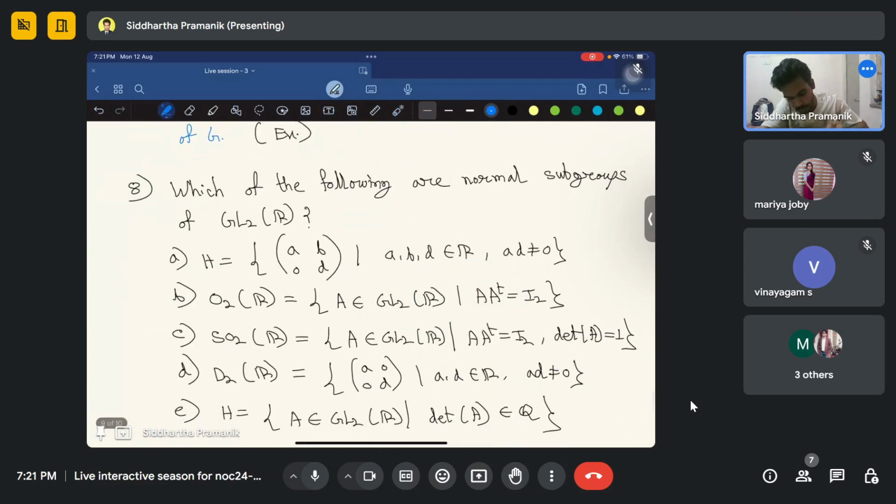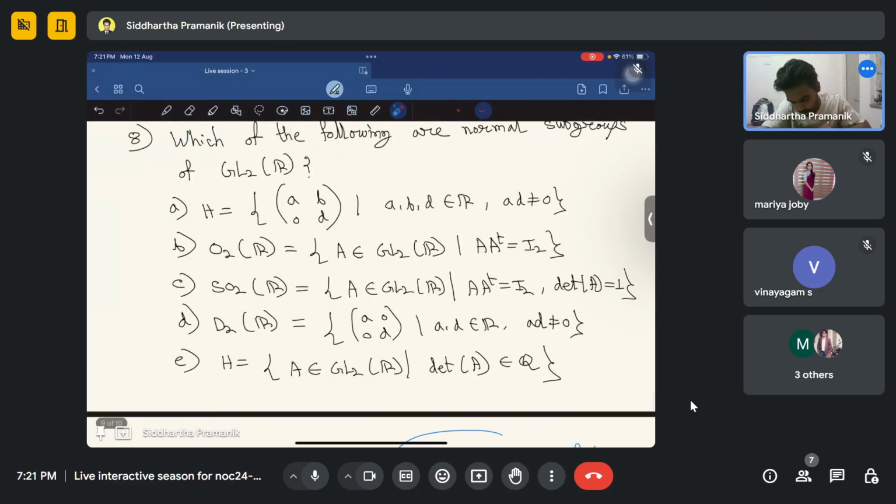Okay, so let's try the first one, the group of all upper triangular invertible matrices. So first of all, this is indeed a subgroup. And why? Because the product of two upper triangular matrices is again upper triangular, and the inverse of an upper triangular matrix is also upper triangular.